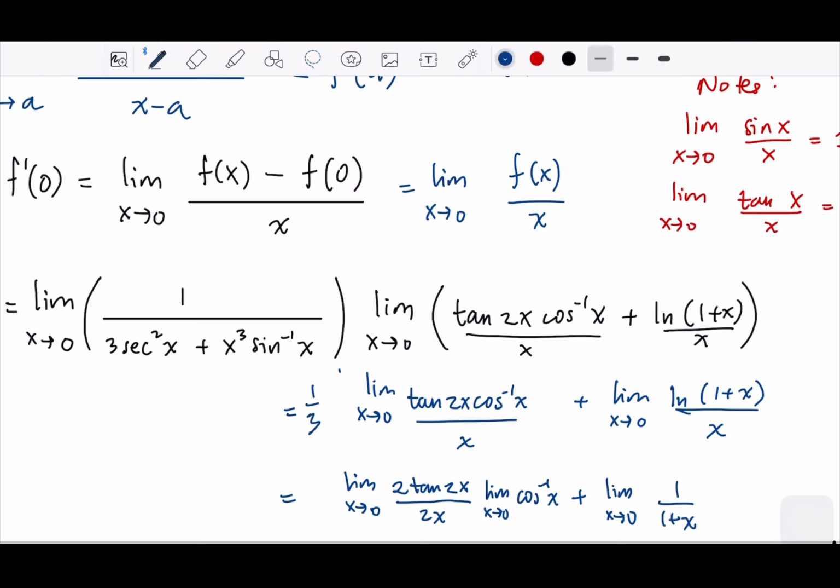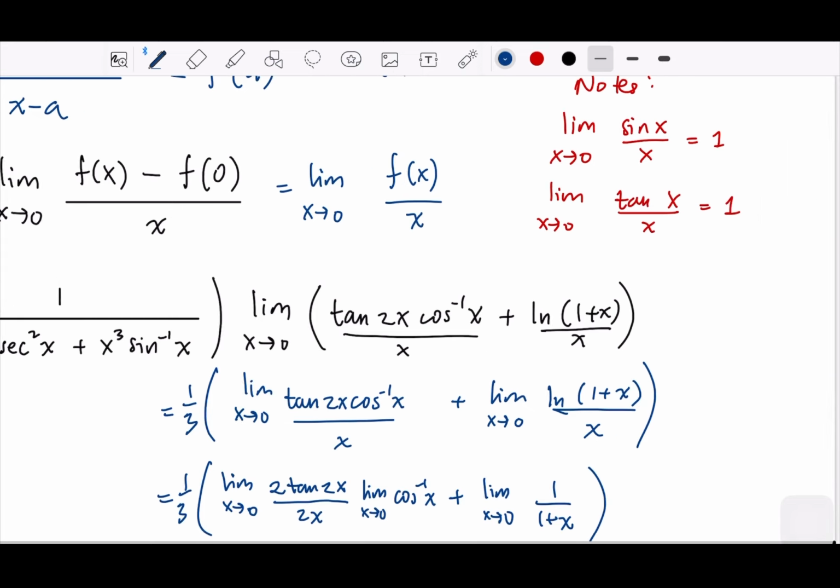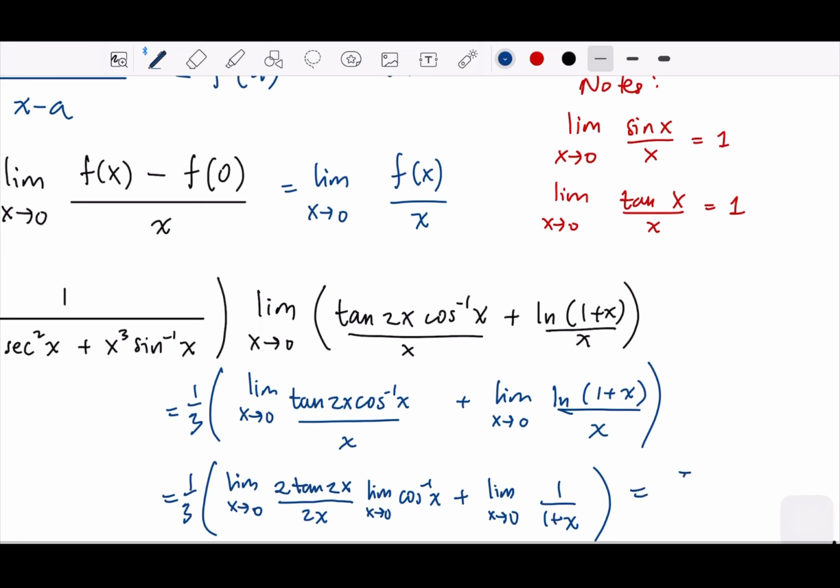So 1 over 3, multiply the whole thing here. When x is 0, the cos inverse of 0 is pi over 2. You can cancel this 2 with the 2 in pi over 2, so it becomes pi plus 1. So we could have here pi plus 1 over 3.